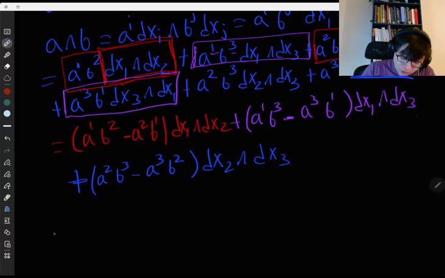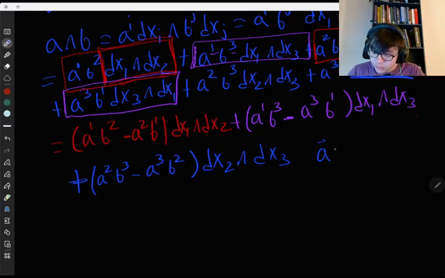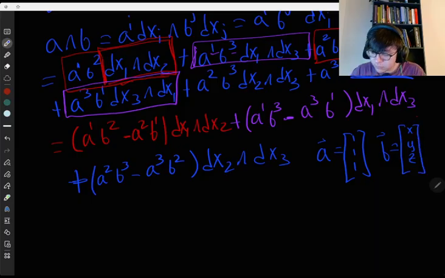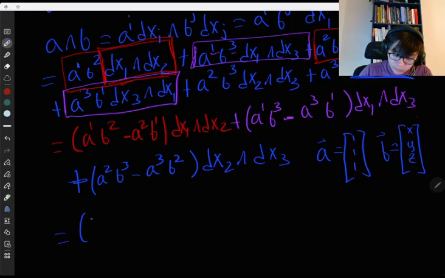So remember, our vector was 1, 1, 1. And so here we're going to start plugging in stuff. So where A1 is 1 times x minus 1 times, oh sorry, B2 is y, my bad.